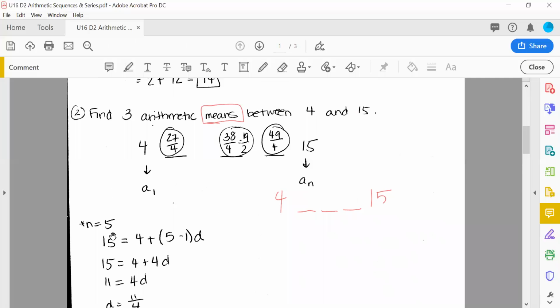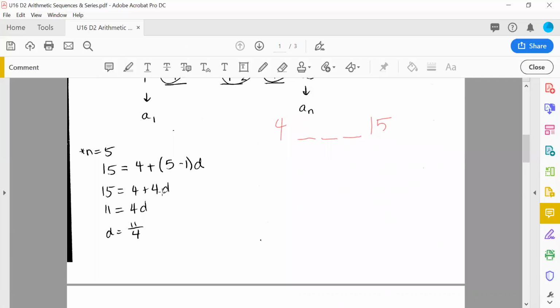So what I personally do is I write the formula out. A sub n equals a sub 1 plus d times n minus 1. The nth term is also known as the last term. So 15 is the last term, so that's the nth term. The first term is 4. D is the spacing that we're trying to find. What is n?